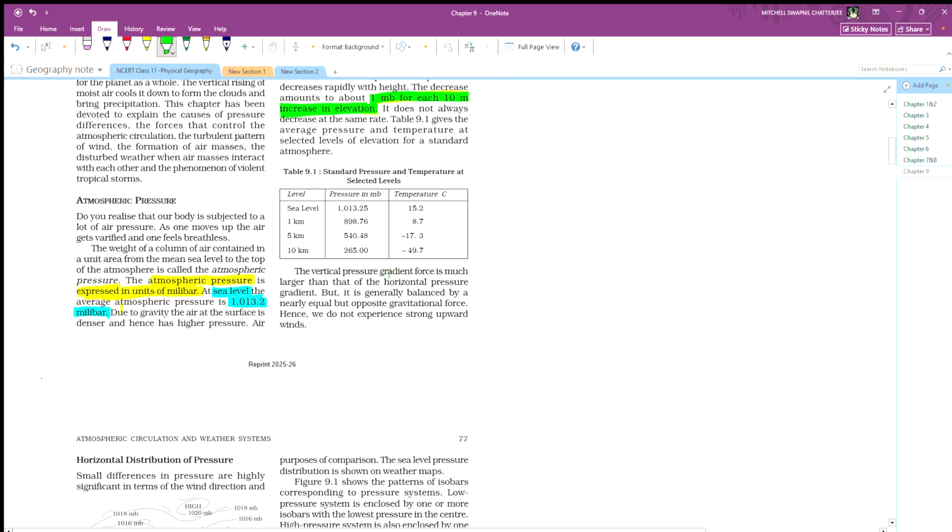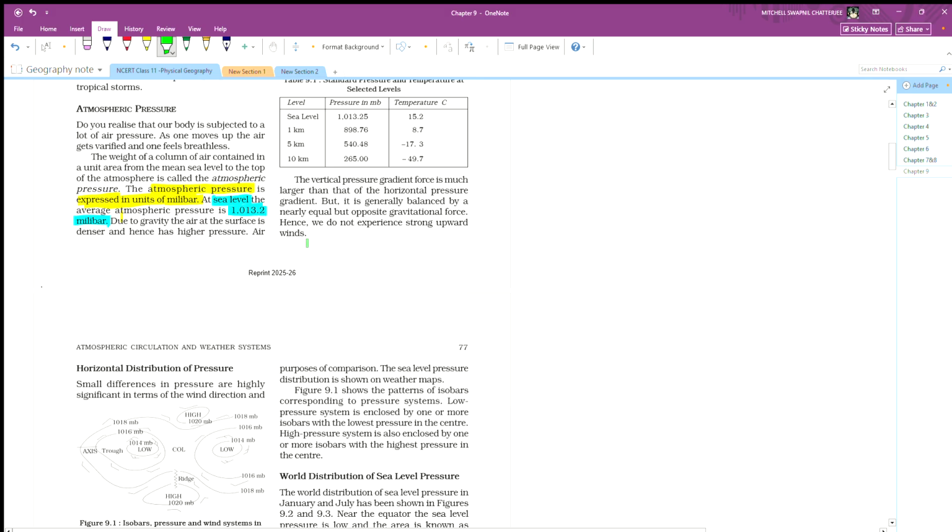The vertical pressure gradient force is much larger than the horizontal pressure gradient force, but it is generally balanced by a nearly equal but opposite gravitational force. Hence, we do not experience upward wind.